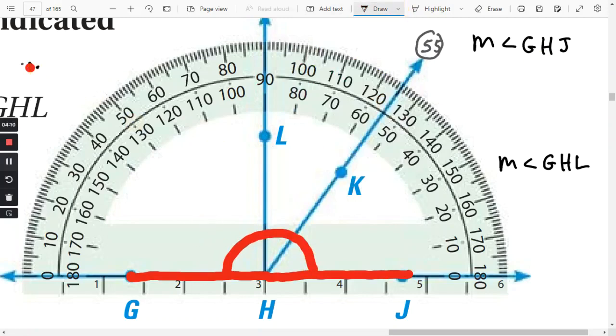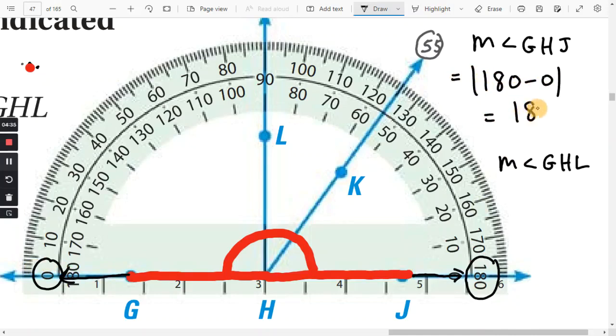Okay, this time I'll pick the numbers on top instead of the bottom. So the one for J, the number on top is 180. And the one for G, the number on top is 0. Okay, so that's going to be the absolute value of 180 minus 0. But of course, 180 minus 0 is just 180.